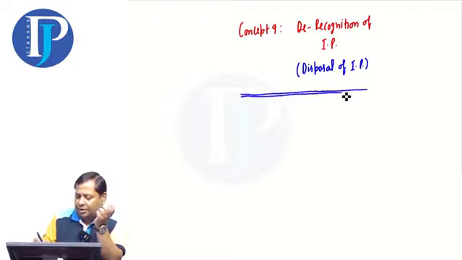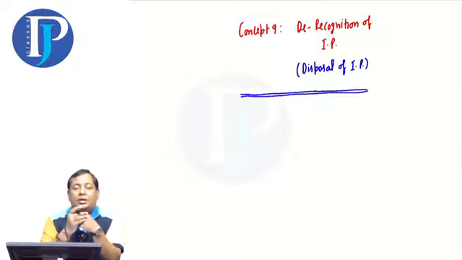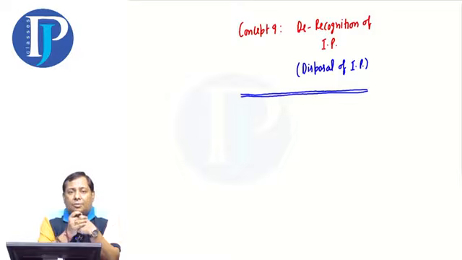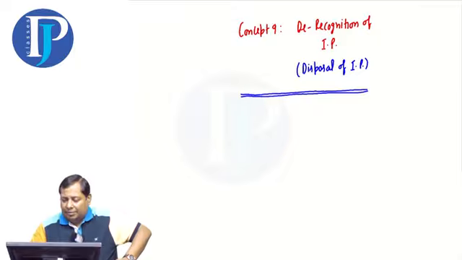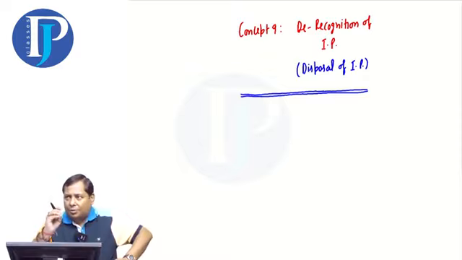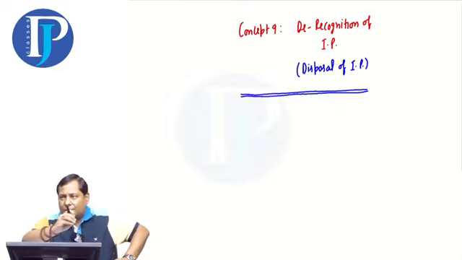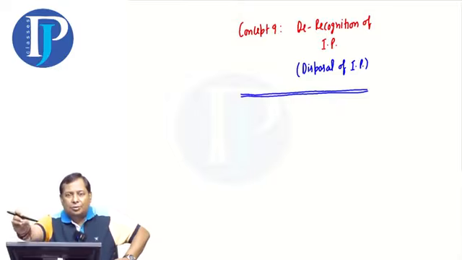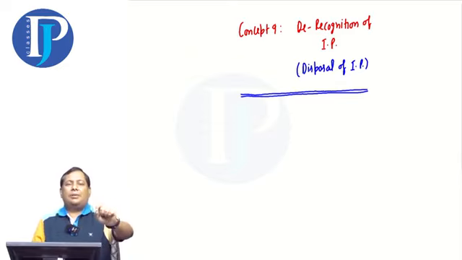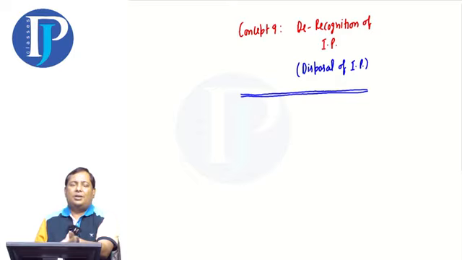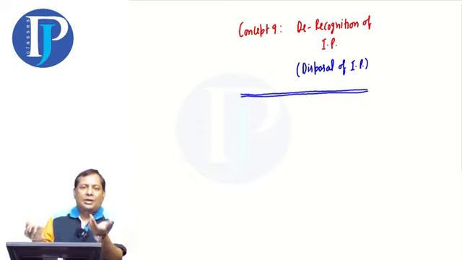When we see initial recognition of any property, that means purchasing and recording the property in the books. But derecognition simply means removing the property from the books, which can happen through a sale. In simple language, initial recognition means purchase and derecognition means sale. It's sale and purchase.